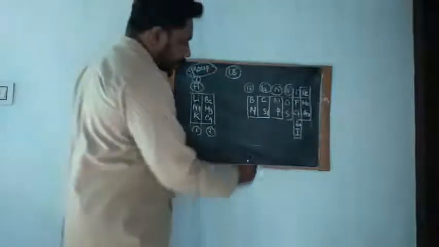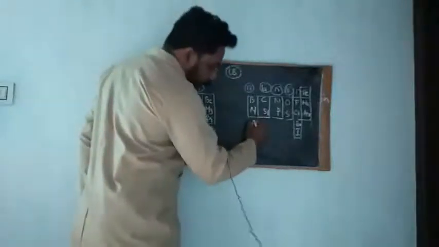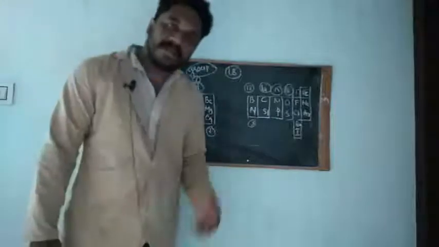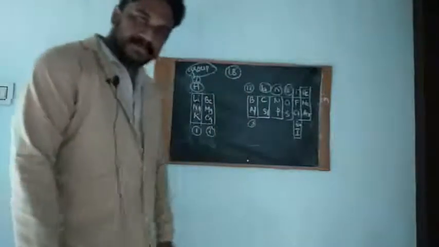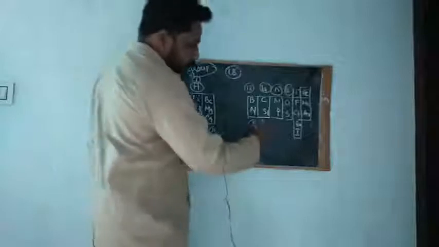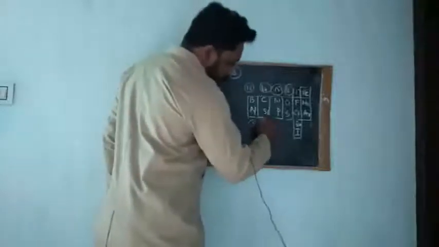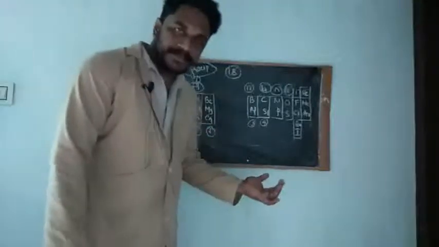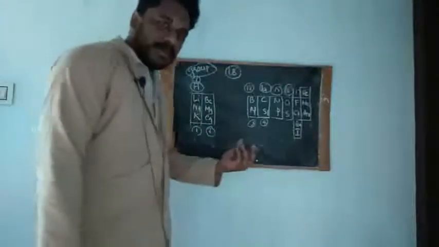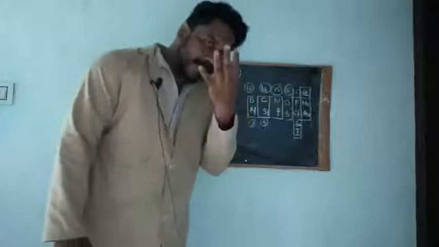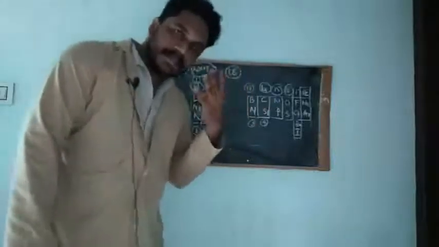The 13th group elements have valency 3, so they will donate 3 electrons. The 14th group elements have valency 4, because they will not donate but share 4 electrons in a chemical reaction.